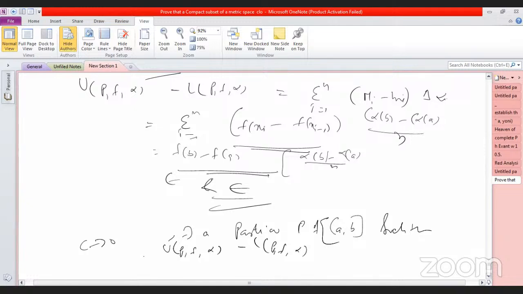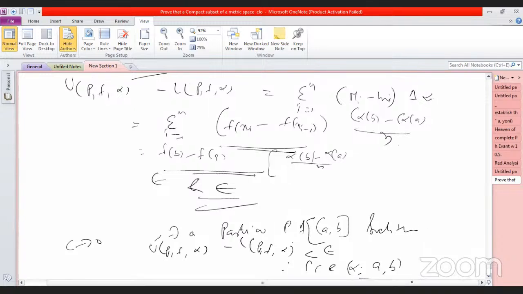Less than, sir. So therefore f belongs to R alpha of [a, b]. Remember this condition, it is compulsory, and it is asked as a big question.